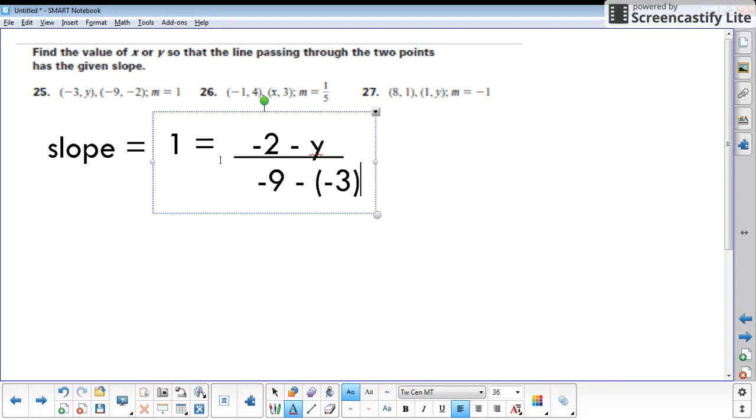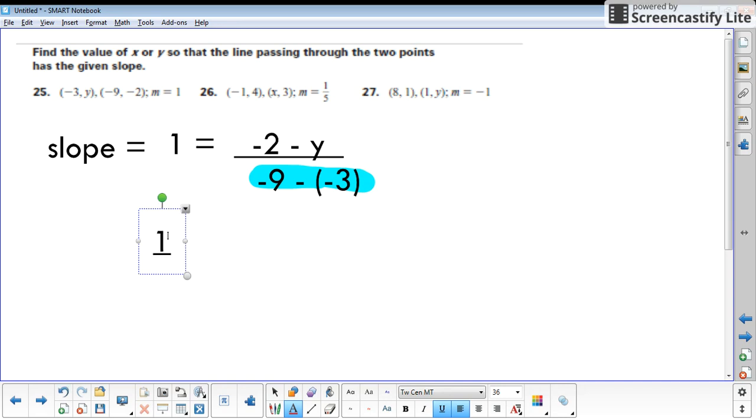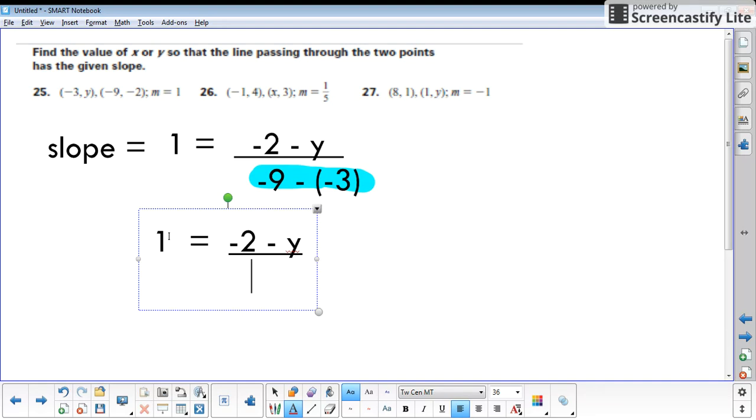The best thing to do is simplify the bottom. So you end up with 1 equal to -2 minus y over, on the bottom, -9 minus -3, which becomes -6.